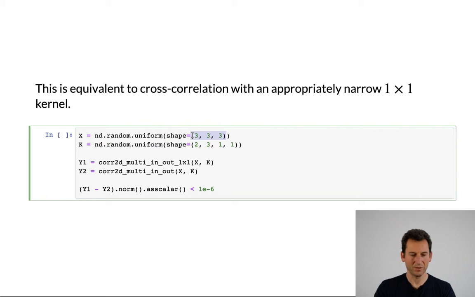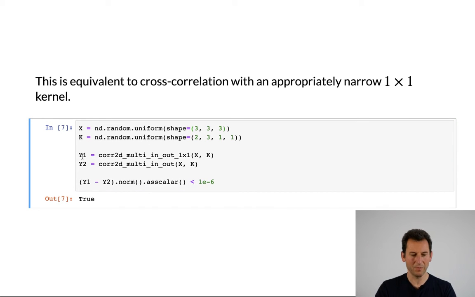And the image is a 3x3 image with 3 channels. I can compute the output once by using multi-in, multi-out, and the other time by using the 1x1 version. And lo and behold, I get exactly the same result, which is to be expected because that's what I engineered.